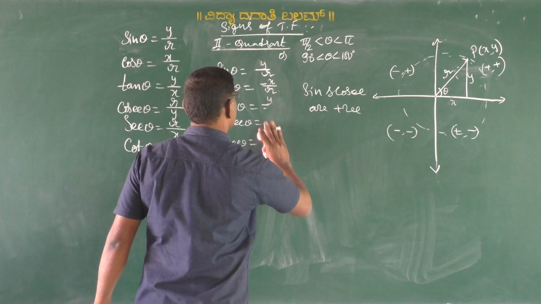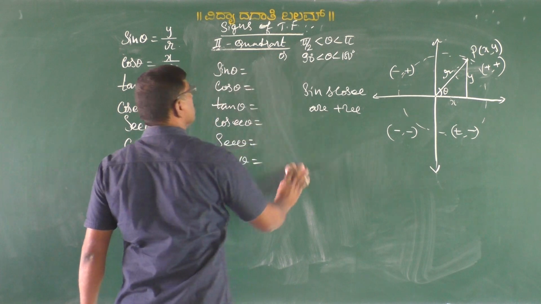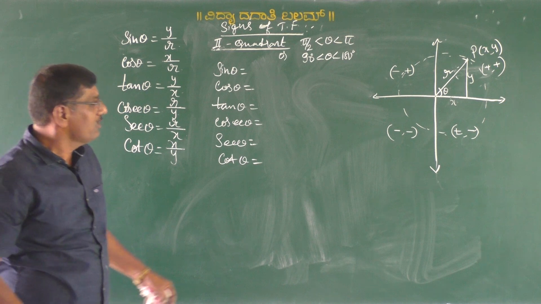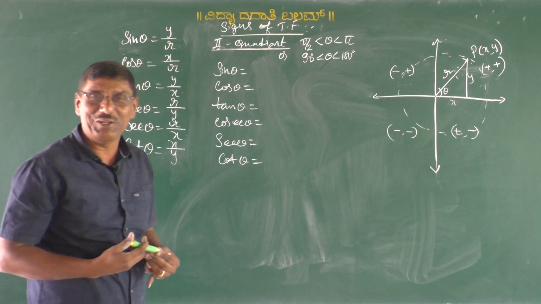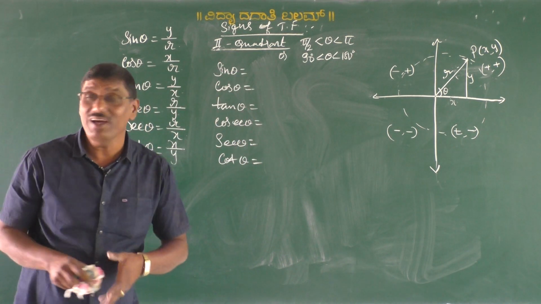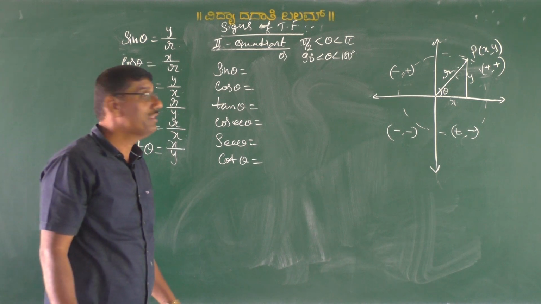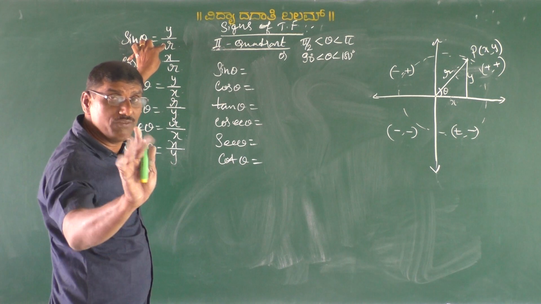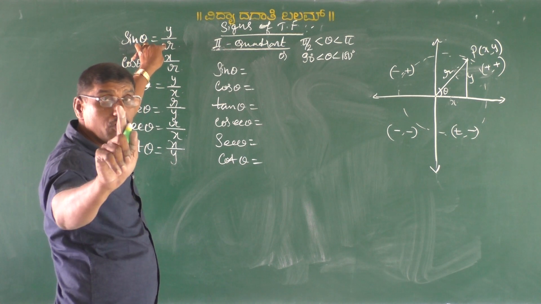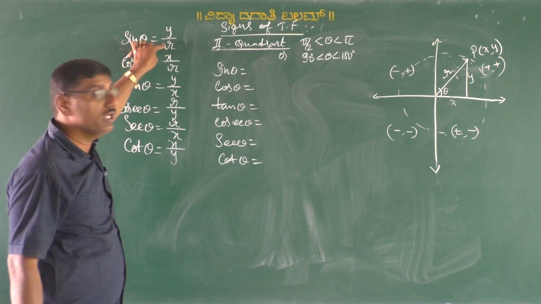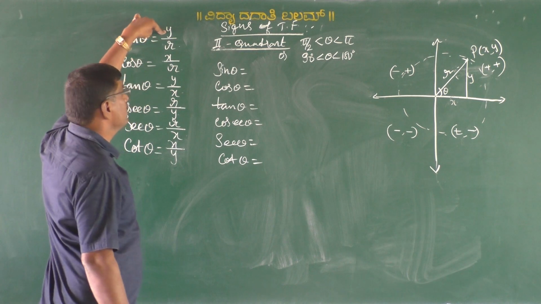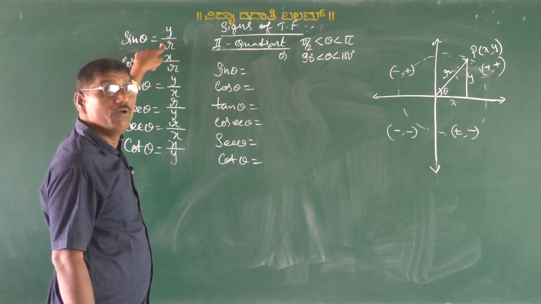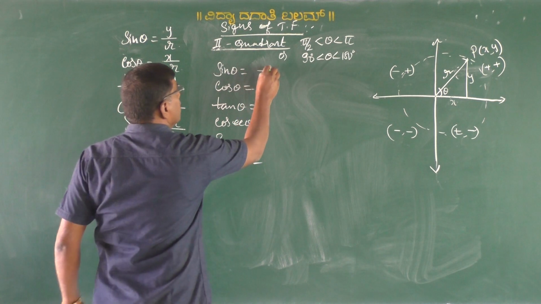Here, my dear students, in the third quadrant, both are negative. That means y is negative, but r is always positive, no doubt. So y by r is negative.